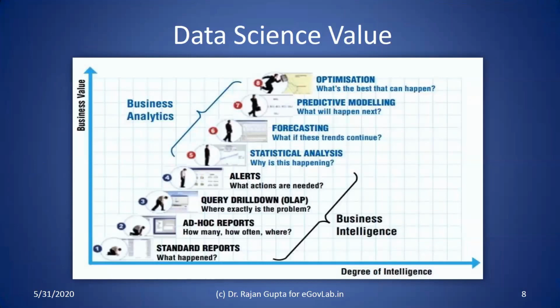Now let me come to the data science side. What is the value that we can derive out of data science applications, and how can we actually use them for the betterment of any business, whether it's in the public sector or the private sector?